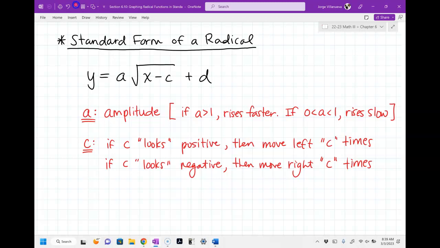And then the last part right here is D, and D is your vertical movement, okay? So if D is positive, notice not that it looks positive, but it actually is positive, move up D times.